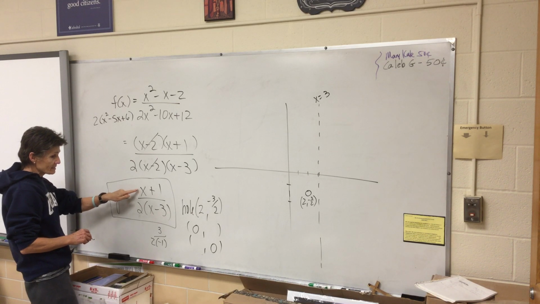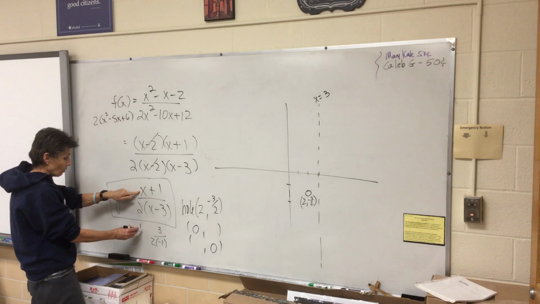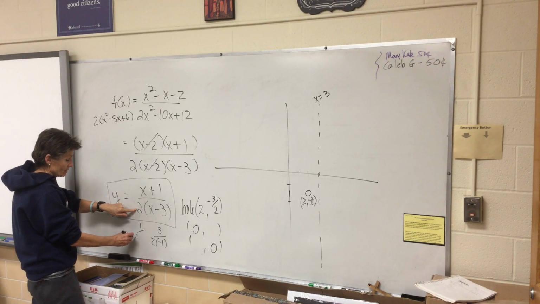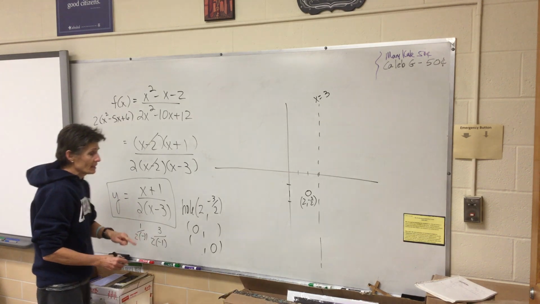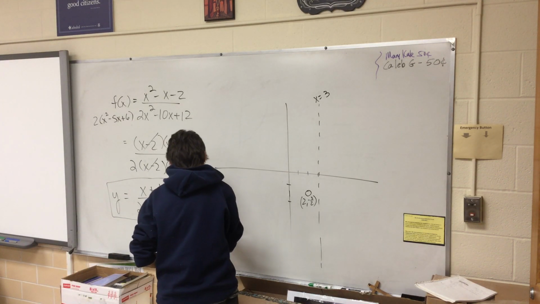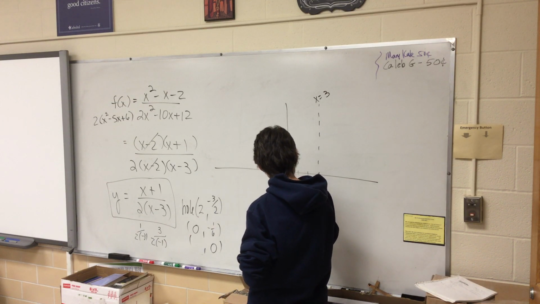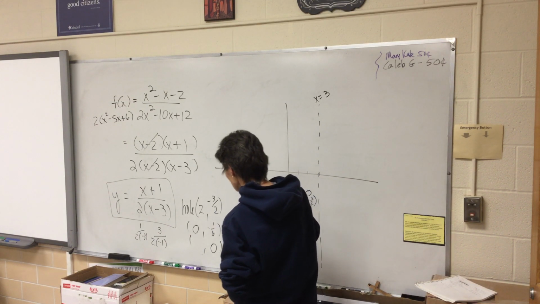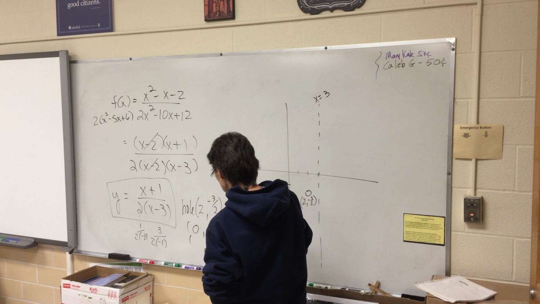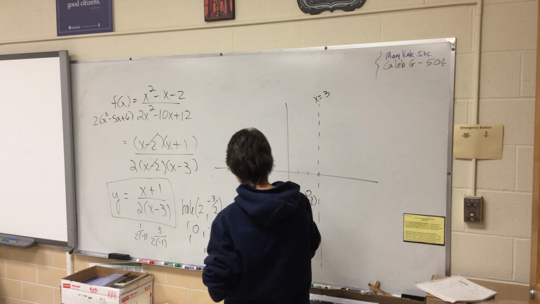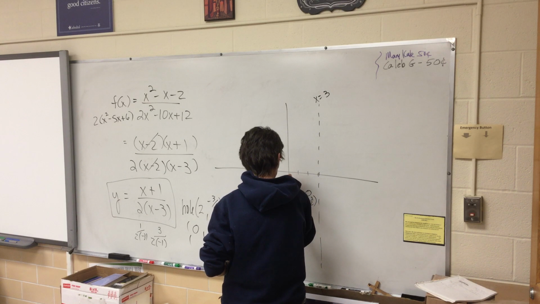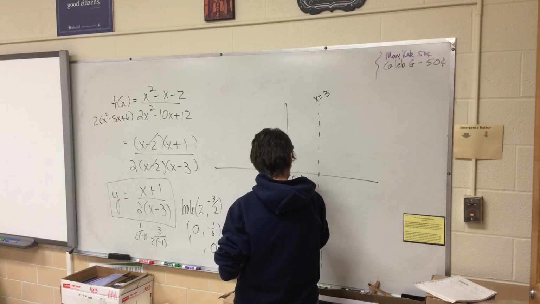So if I put in 0 for x, I'm going to get 1 over 2 times negative 3, negative 1/6. So I'm going to plot that point. Zero, comma, negative 1/6.